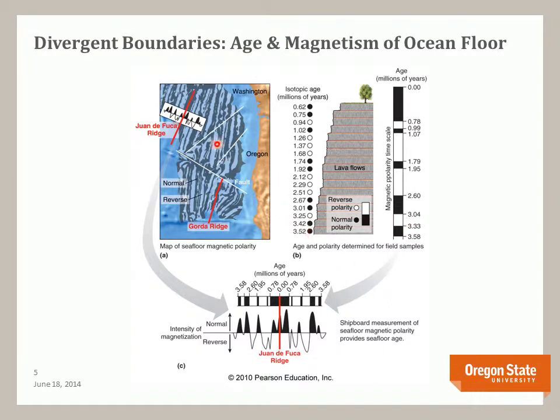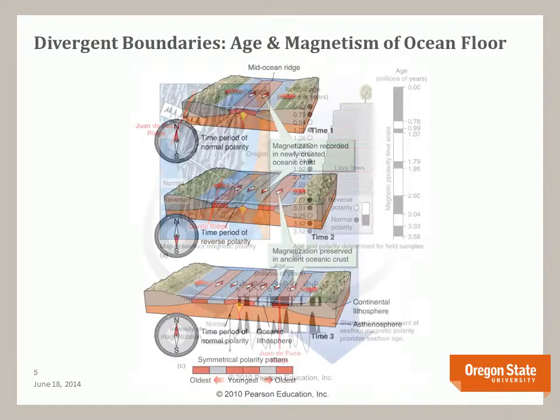The explanation for that is along these ridges, and this is the Gorda Ridge and the Juan de Fuca Ridge, which is off the coast of Oregon, new rocks forming at the ridges became magnetized, and as they move off, they maintain that magnetic signature. So let's take a look at a model to explain that.